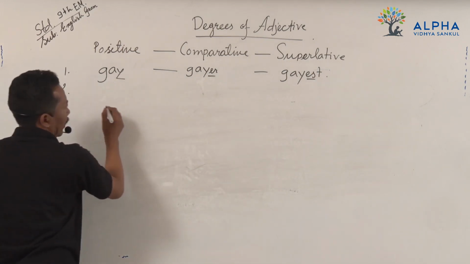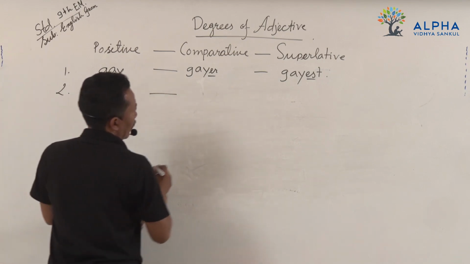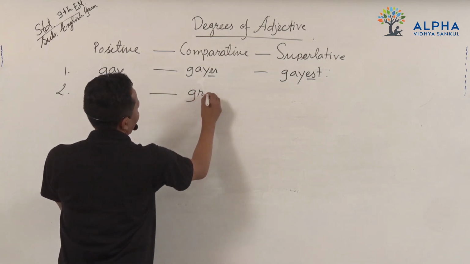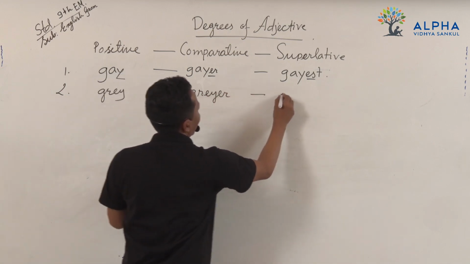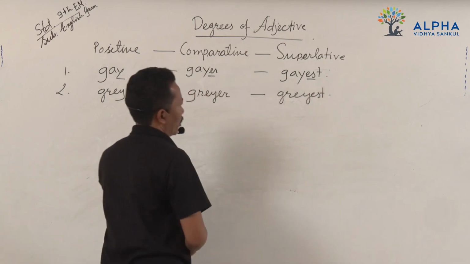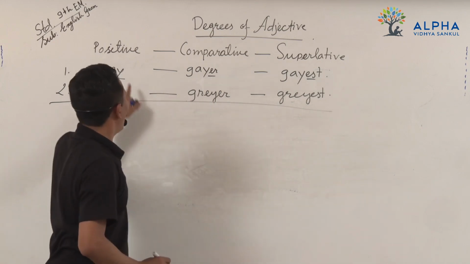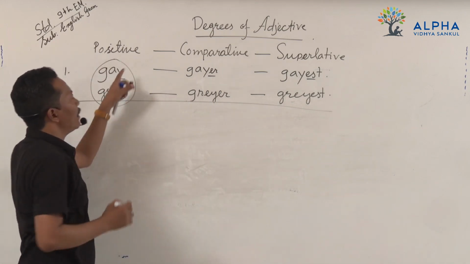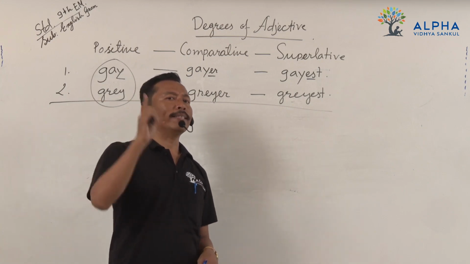And gray. Grayer. Grayest. And these are the rules. For these, what their syllables are, all what I have done is having only one syllable.